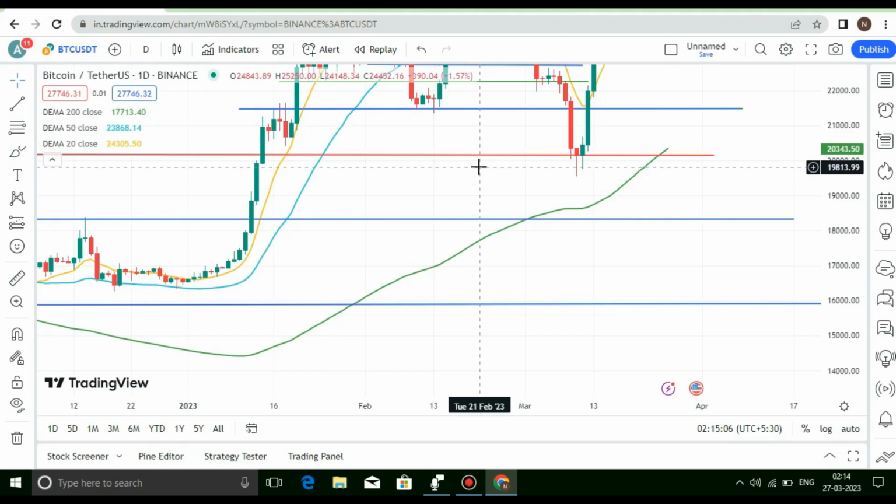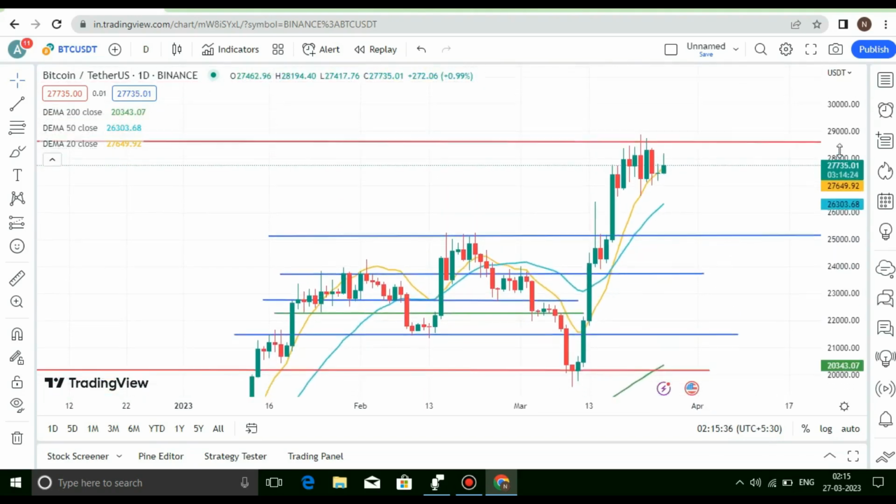I have already told you, whether it is RSI, stochastic oscillator, MACD, or any other indicator, especially in exponential moving average, the crossovers are very significant. There are other methods to trade with the exponential moving average as well, but the crossovers are the most important aspect that we should be looking at.